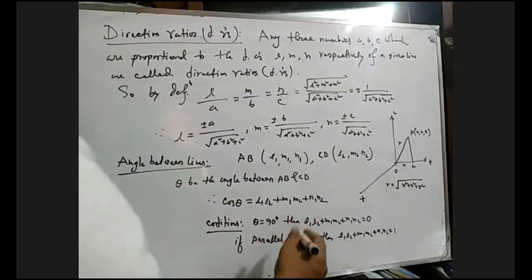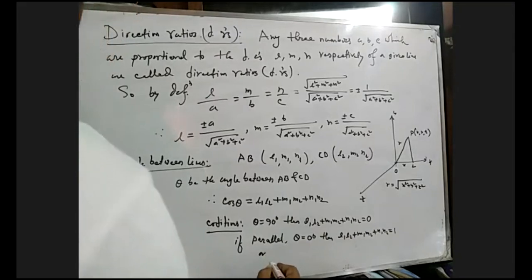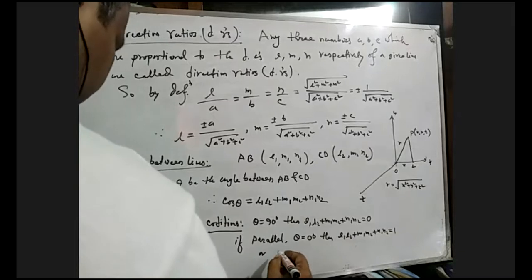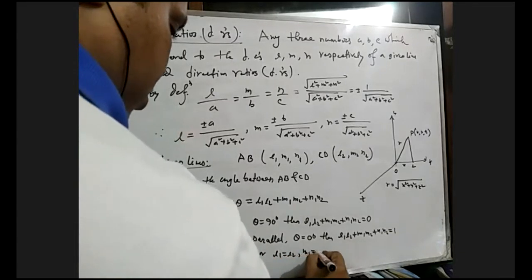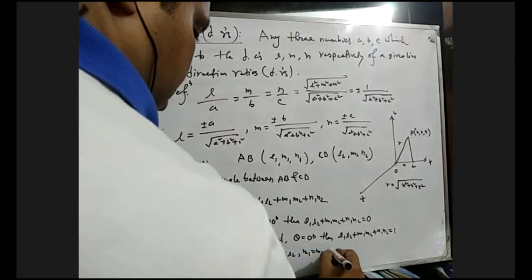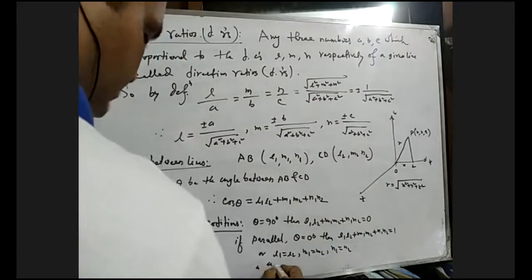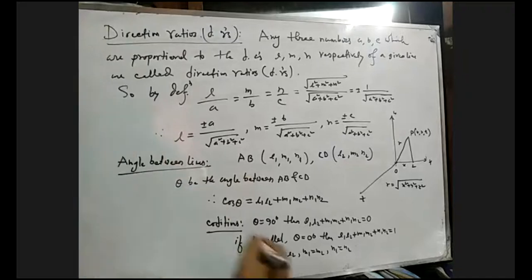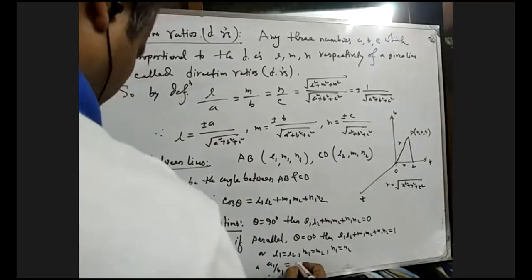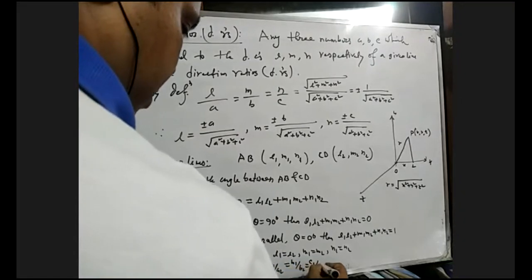We can write another way: L1 equals L2, M1 equals M2, N1 equals N2, or, for direction ratios, A1 divided by A2 equals B1 divided by B2 equals C1 divided by C2.